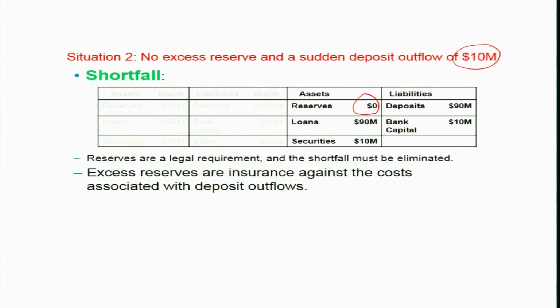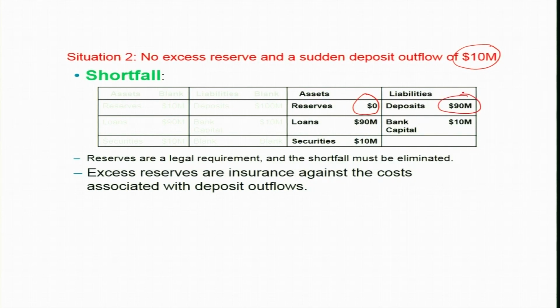At the end of the business day, this 10% reserve requirement should be with the central bank. But this bank doesn't have any other option in this example. They have to take this reserve immediately and use it to honor the $10 million withdrawal.